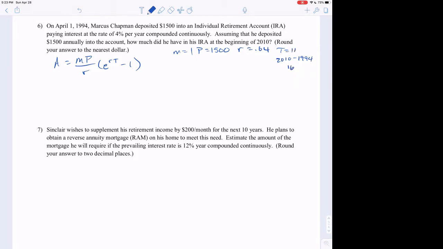So capital T is 16. All right, and what you get is there.